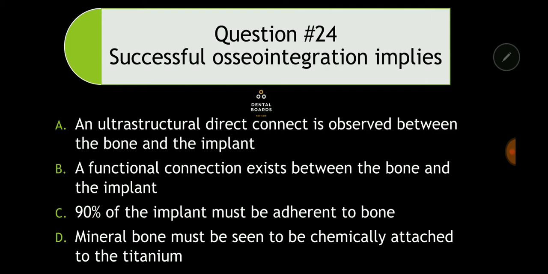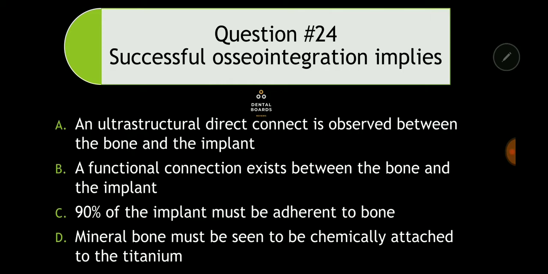Question number 24. Successful osseointegration implies what? A, an ultrastructural direct connection is observed between the bone and the implant? B, a functional connection exists between the bone and the implant?